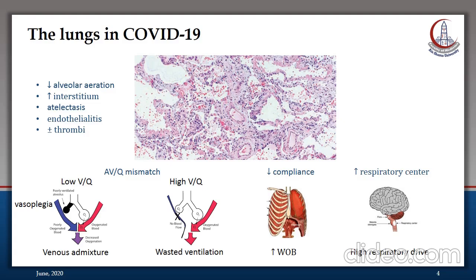In COVID infection, there may be a sort of neurotropism in some but not all patients, which also results in increase in the depth of breathing and increase in the tidal volume. So the result is a high respiratory drive with increase in the respiratory rate plus or minus an increase in the depth of breathing.